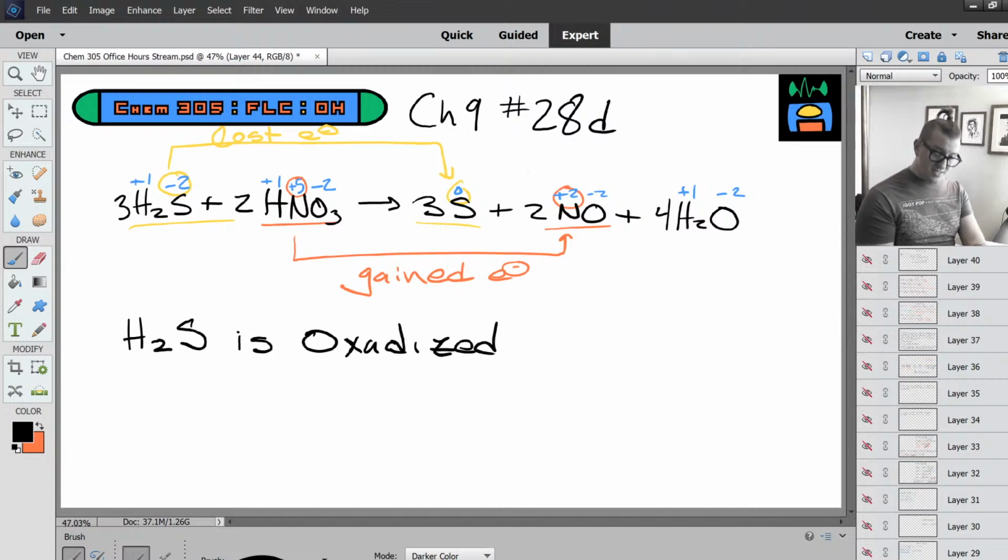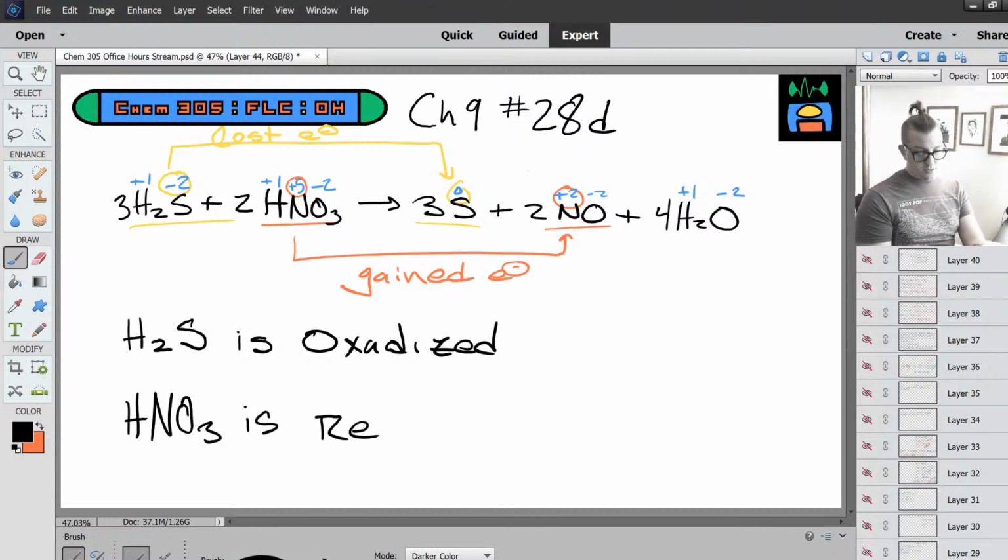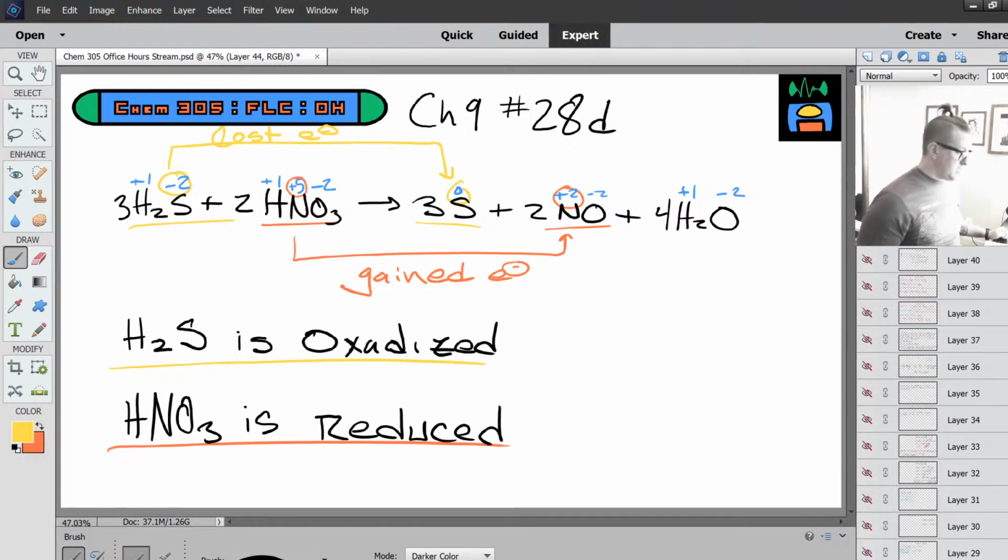And because nitrogen gained electrons, we say that HNO3 is reduced. So it all has to do with what gained electrons and what lost electrons.